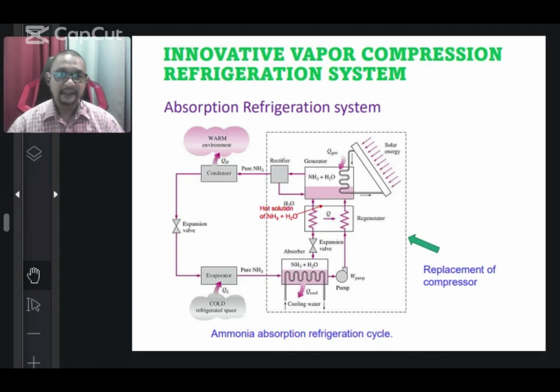Another example of absorption refrigeration systems includes water-lithium bromide and water-lithium chloride systems, where water serves as the refrigerant.